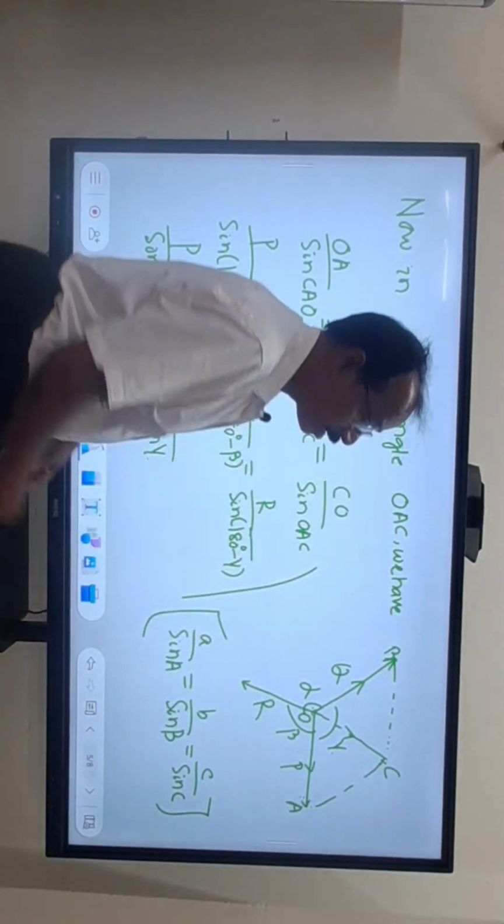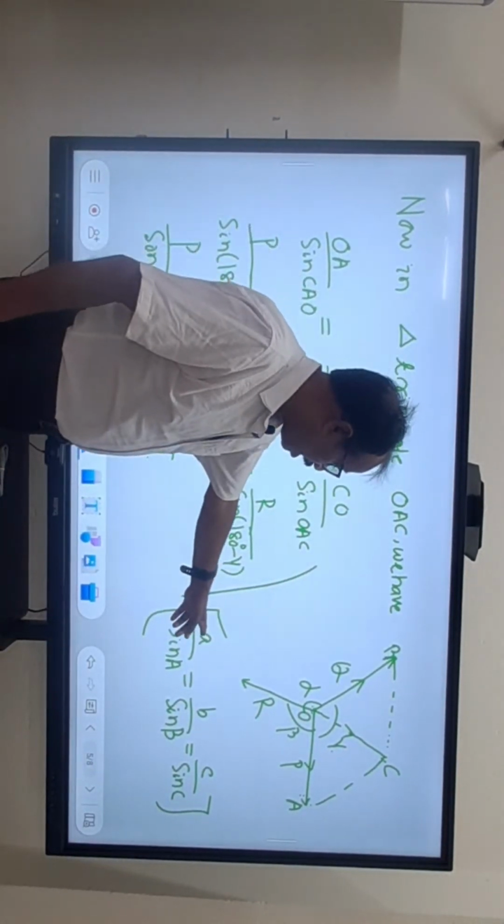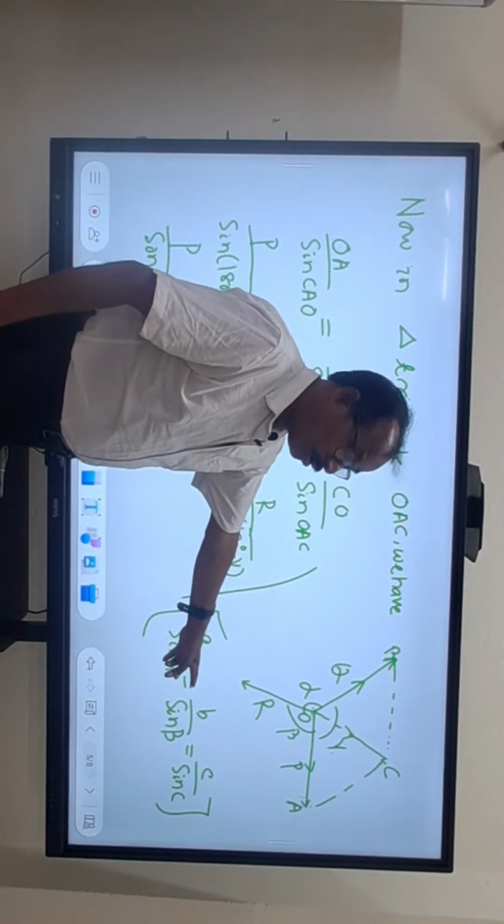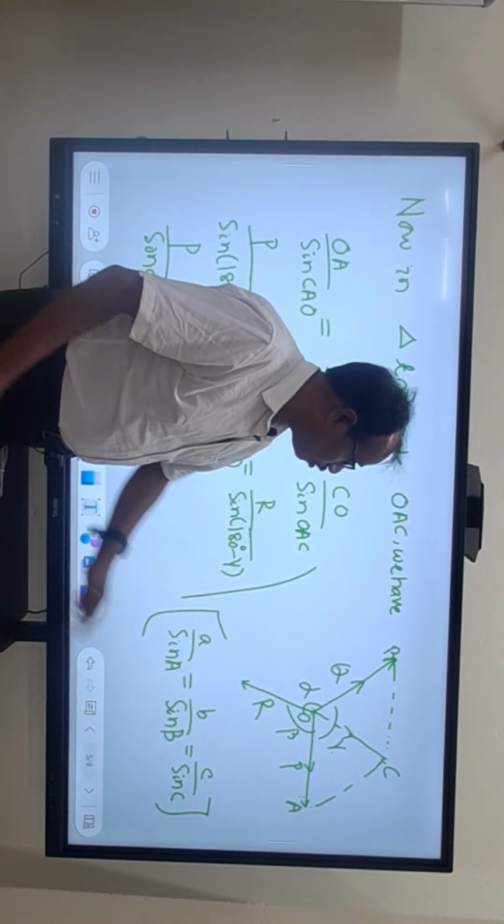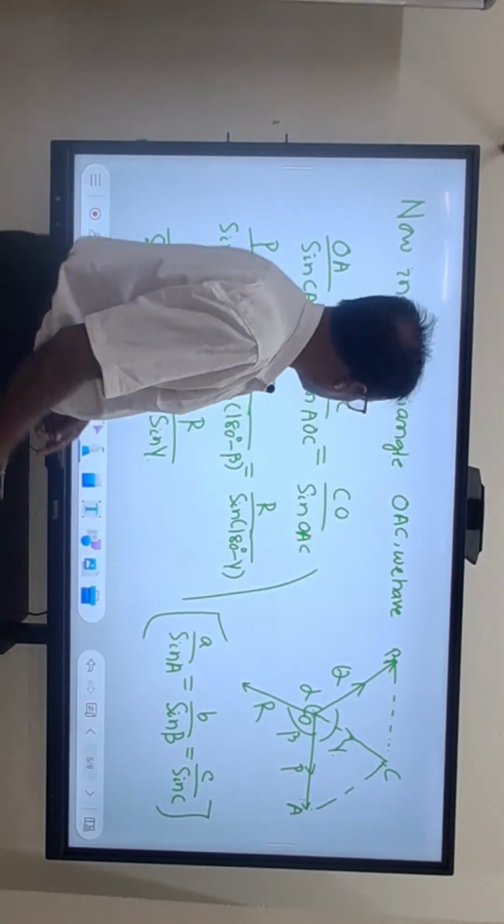This is the triangle law, that is A by sine A is equal to B by sine B is equal to C by sine C.